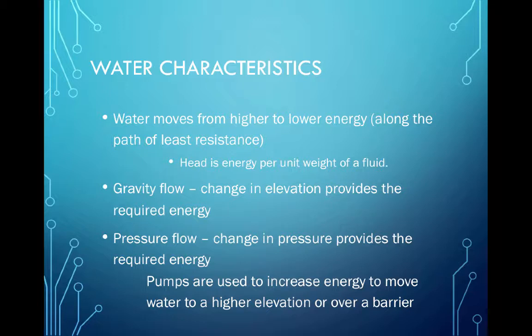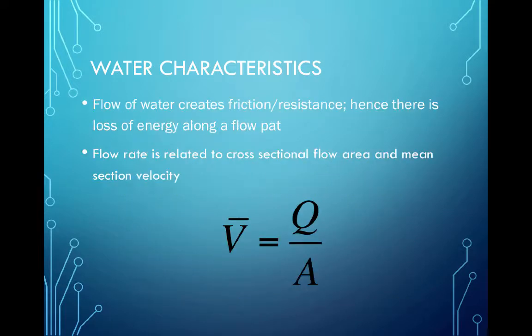And pumps are the usual tool that are used to increase the energy to move to a higher elevation or over a barrier. The flow of water itself creates a frictional resistance, and so there's the loss of energy along a flow path, and the flow rate is related to the cross-sectional area and mean section velocity by the equation shown here, which says mean section velocity is discharge divided by cross-sectional flow area.